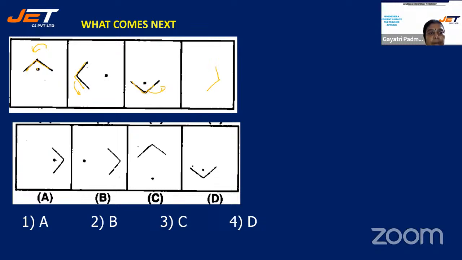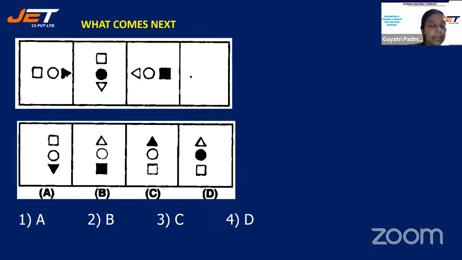So in the first one, it was here. Second one, it is somewhere opposite. Third one, it is again here. Fourth one should also be opposite only. So which one matches here? I think option B only matches here. So your option B is the correct one. Now with this, we are moving on to the next one.